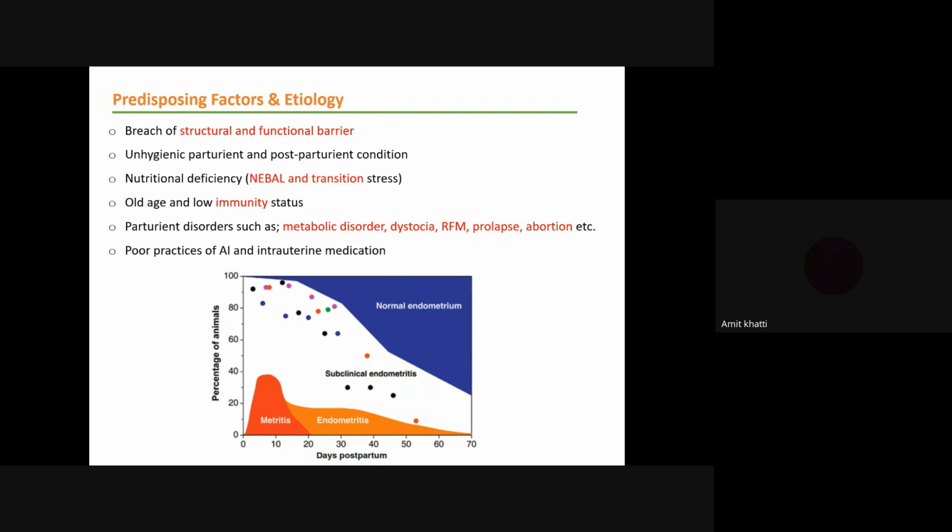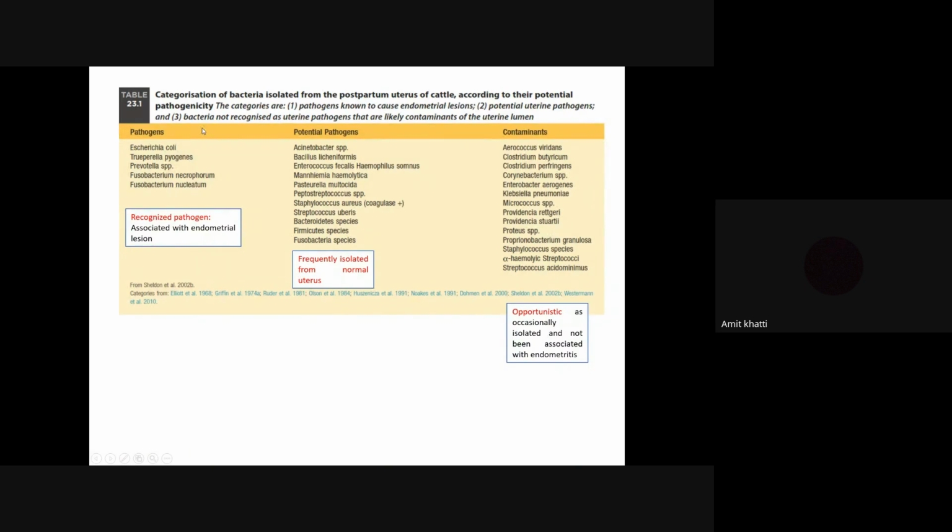And if we fail to provide such optimum conditions and environment, then ultimately the animal will be exposed to metritis, or endometritis, or most commonly subclinical endometritis. Any category of uterine infection can threaten the animal if we are not taking care of all the predisposing factors and etiological agents.